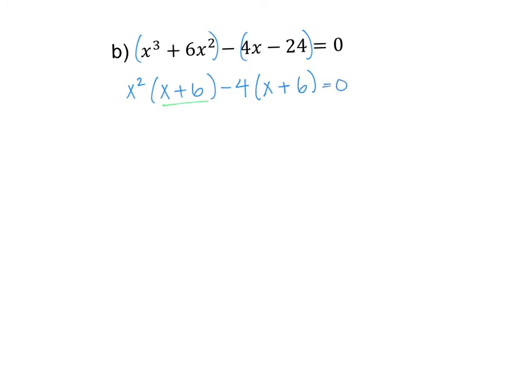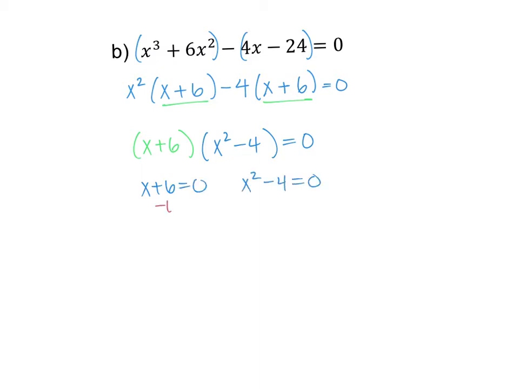So from here, both of these are the same, so I can factor that out. And I have left behind an x squared minus 4. I'm going to set both of these equal to 0 and then solve. So subtract 6 over, x is equal to negative 6.